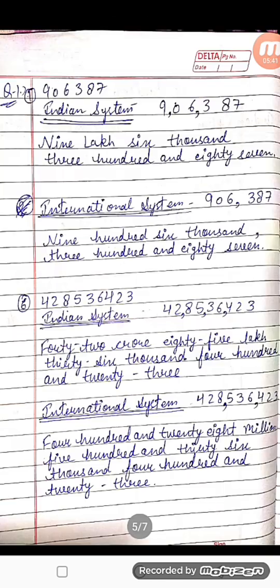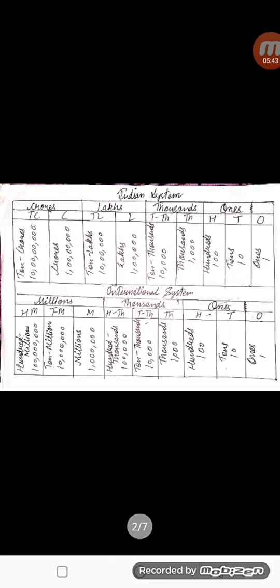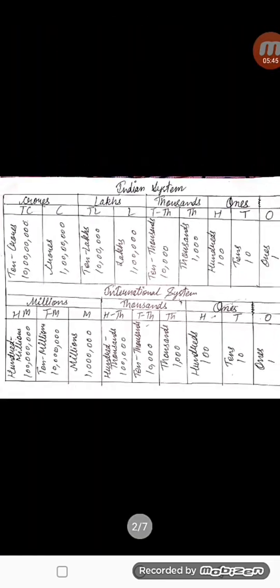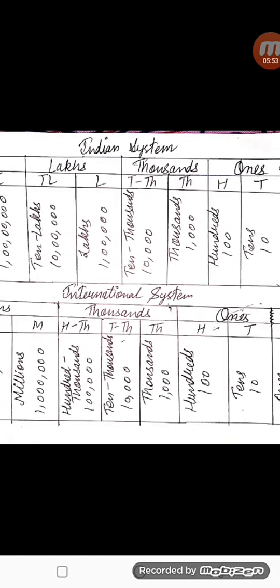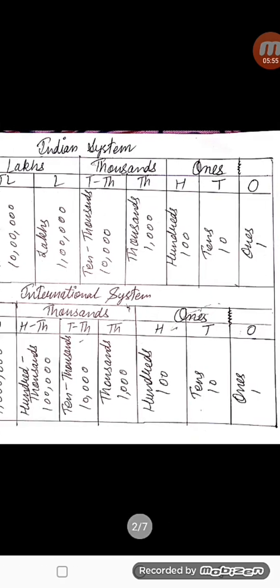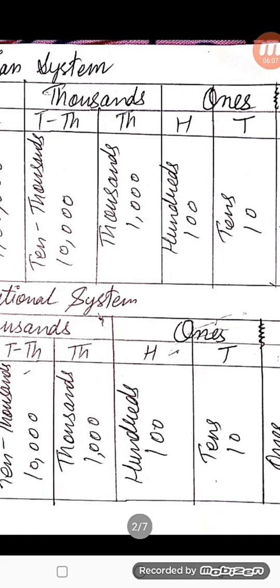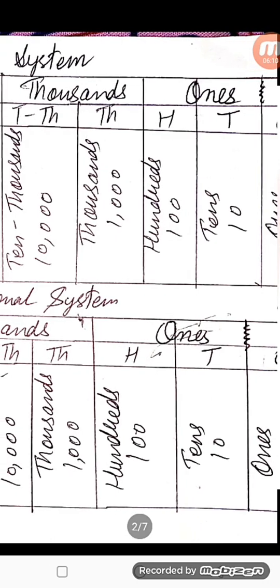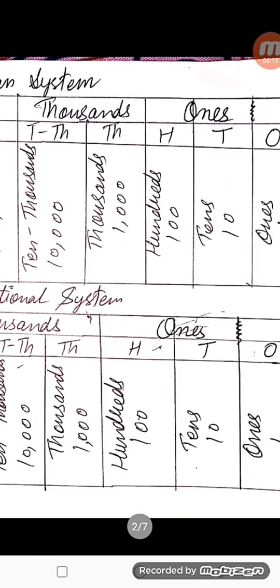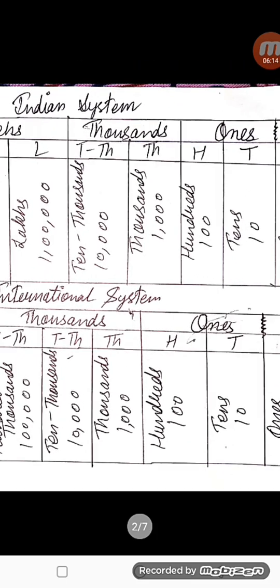Last time I gave you a place value chart like this, and you can also use this image for comparing the Indian system and the international system. If you want, I can repeat it for you. See that ones will be the same in the Indian system above and the international system below. Tens, 100, 1000 and 10,000 will remain same.